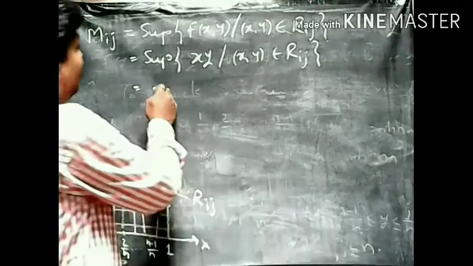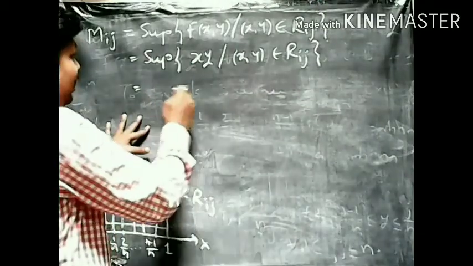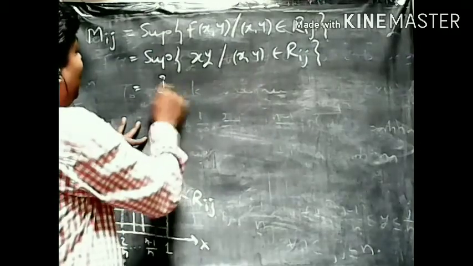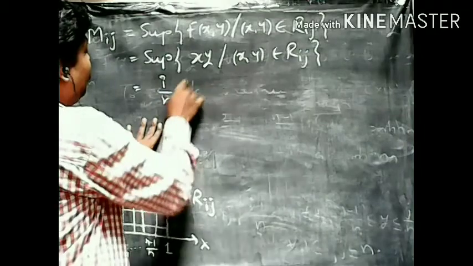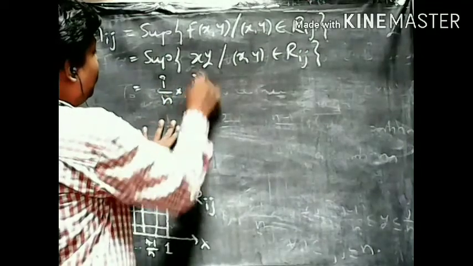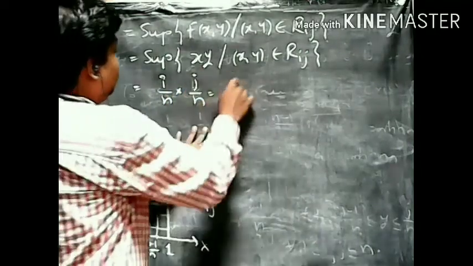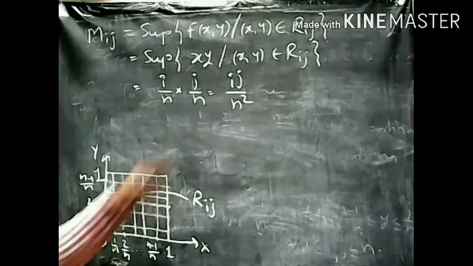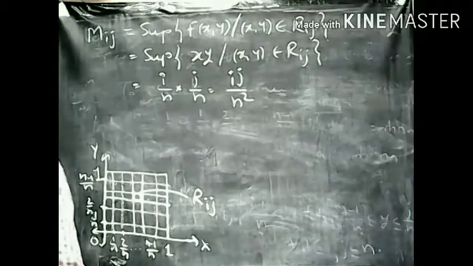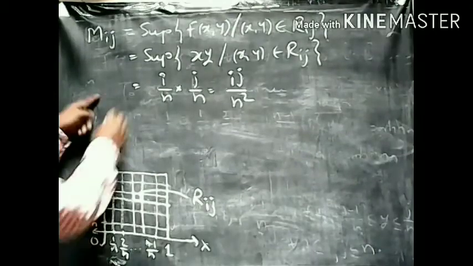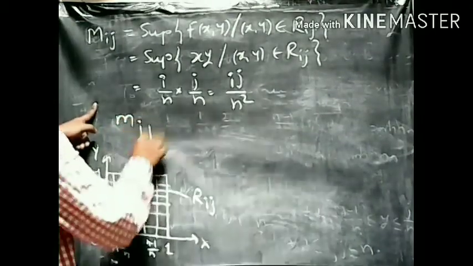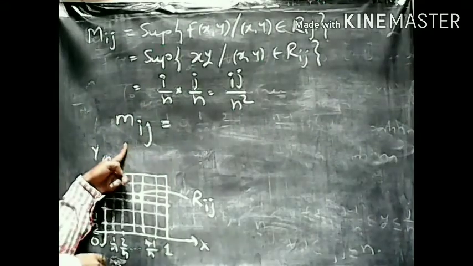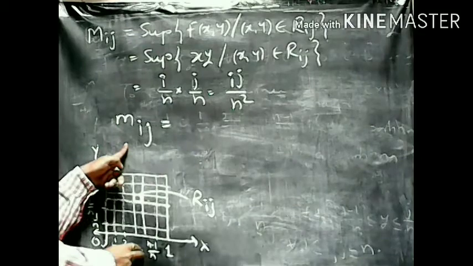So the supremum is attained at the right end point, that is i/n multiplied by j/n, which is ij/n². Now you can pause the video and try computing small mij. You can think over it and compute it by pausing the video. Okay.